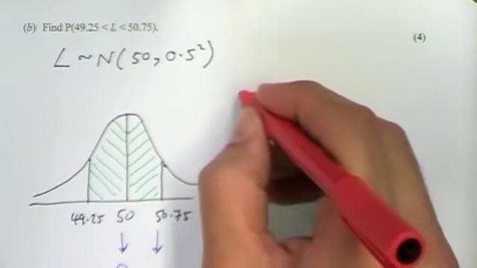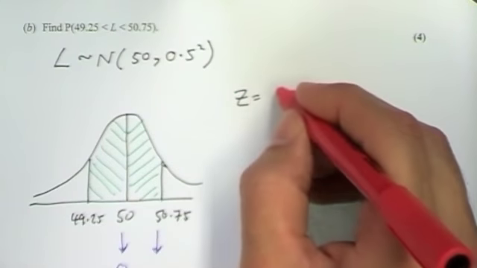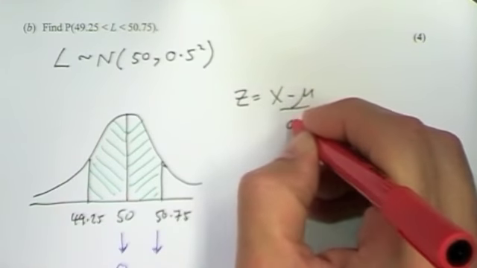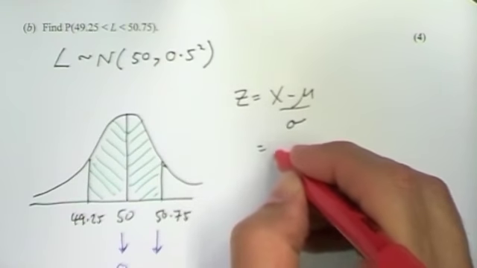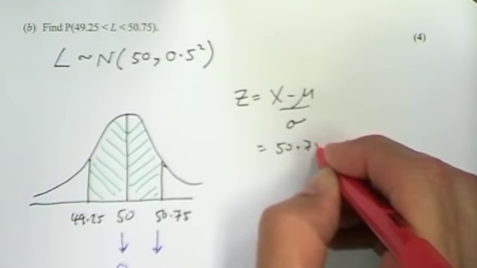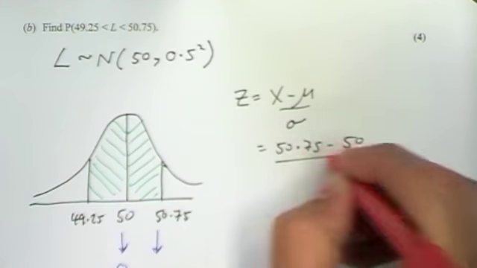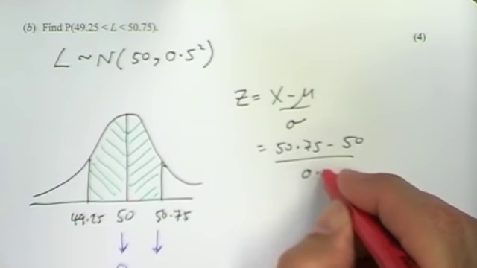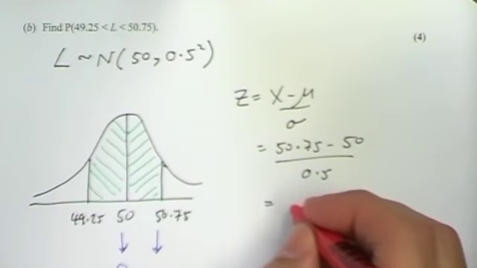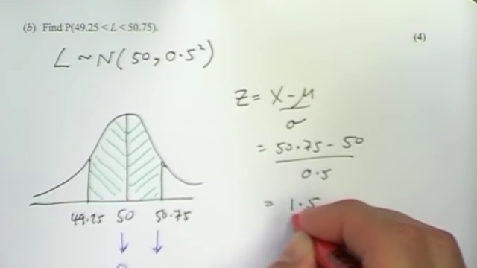Z values, so this becomes 0, and this one here, well, I need to use my formula. So my formula is going to be Z equals x minus mu over sigma, and this time x is 50.75. Take away the mean of 50 divided by the standard deviation of 0.5 and press the buttons on the calculator, you get 1.5.